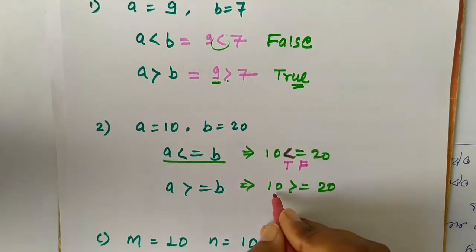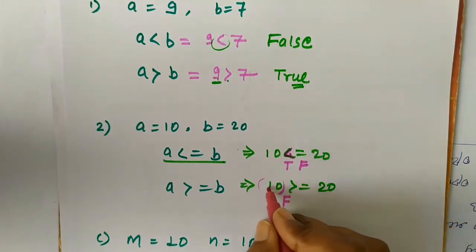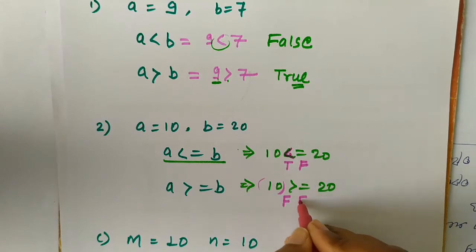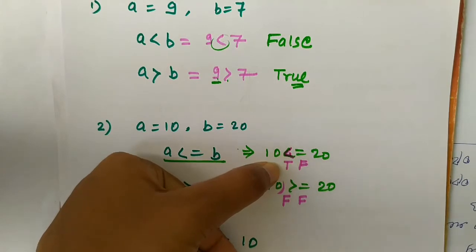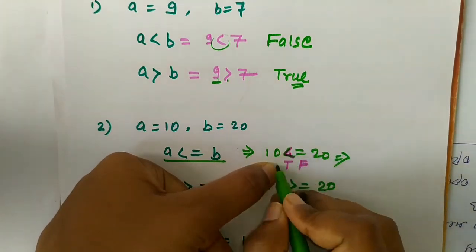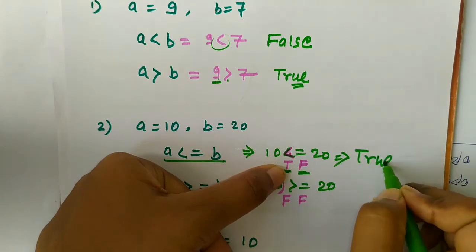For 10 greater than 20, no, this is false, because 10 is less than 20. Or 10 equal to 20? No, this is also false. In this way, it is one true and one false, so the result is true.